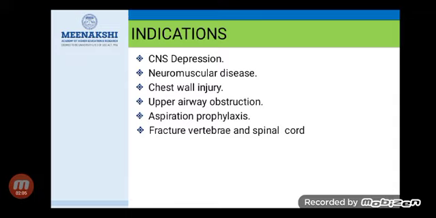The first one is CNS depression, or central nervous system problems, like a patient with head injury, stroke patients, an unconscious patient or altered sensorium, or raised intracranial pressure, or neuromuscular diseases like muscle weakness, for example Guillain-Barré syndrome, amyotrophic lateral sclerosis, myasthenia gravis, muscular dystrophy, or in case of chronic injury, or a patient with botulism and brainstem infarctions.